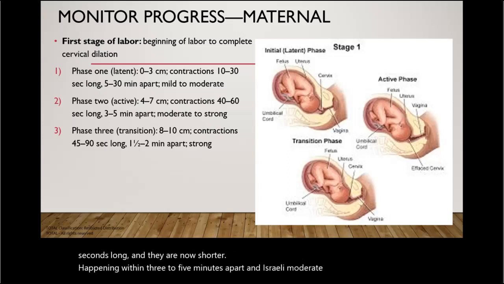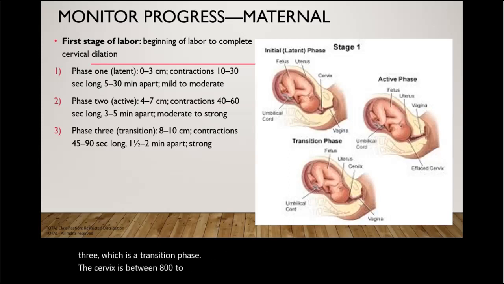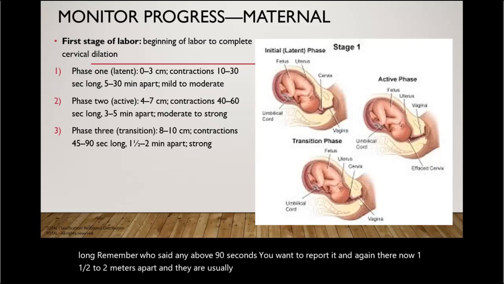And in phase 3, which is the transition phase, the cervix is between 8 to 10 cm. Contractions get more intense, between 45 to 90 seconds long. Remember, we said any above 90 seconds, you want to report it. And again, they are now 1.5 to 2 minutes apart, and they are usually very strong.